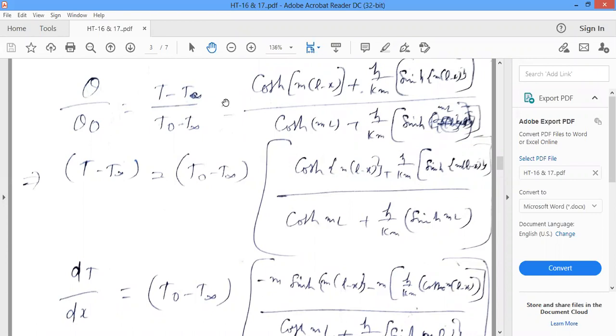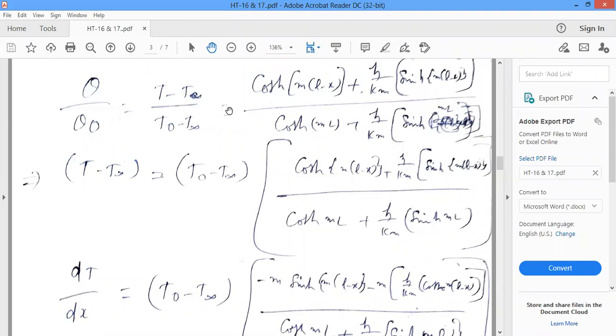In the second case, the fin is insulated, but in the short fin case there is heat transfer at the tip of the fin. So conduction heat transfer is equal to convection heat transfer. So these are the boundary conditions for the short fin when the fin loses heat at the tip.